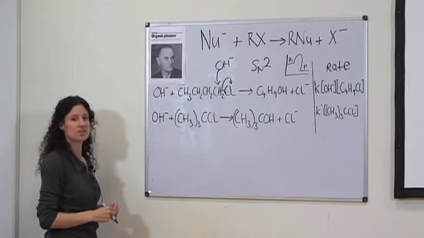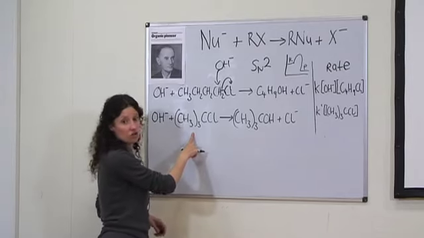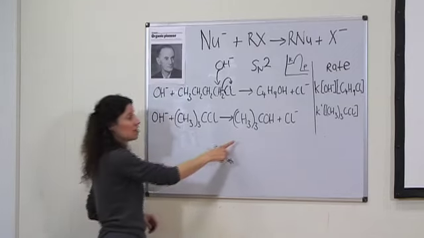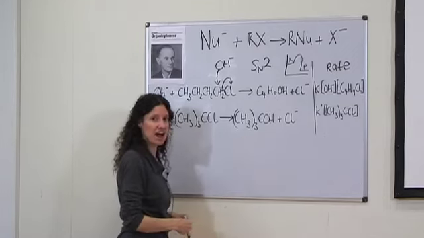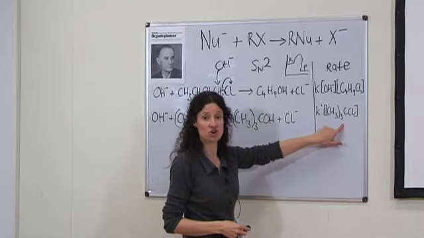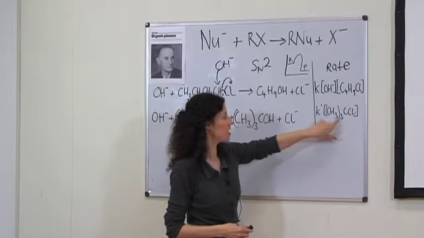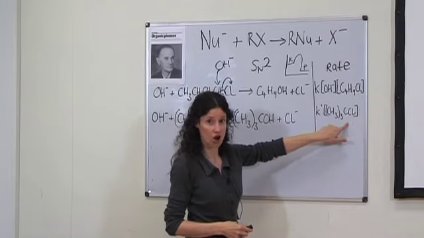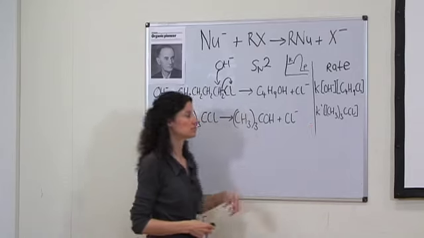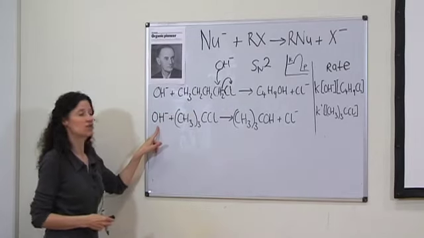In contrast, if we were to use tertiary butyl chloride in reaction with OH, again we would form an alcohol product, but this time we would find that the reaction rate would not be dependent upon the hydroxide ions. So we can see that it depends on the tertiary butyl chloride concentration, and again we have a rate constant, but it's independent of OH.